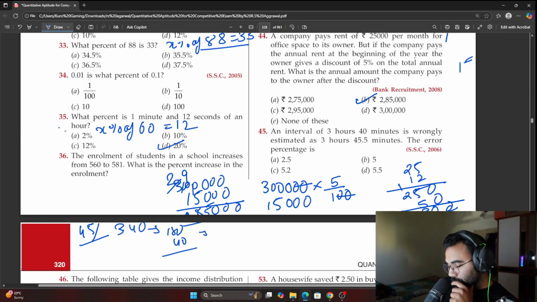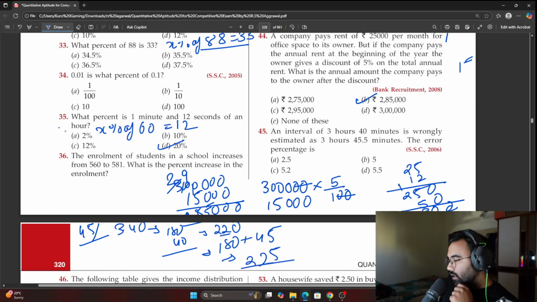That should give you 220. And what is the mistake? It is wrongly estimated as 3 hours, that is 180 plus 45.5 minutes. So 180 minutes plus 45, so that should be 225.